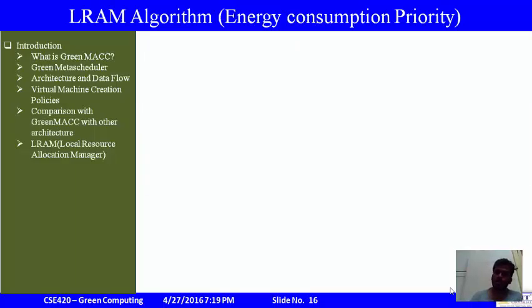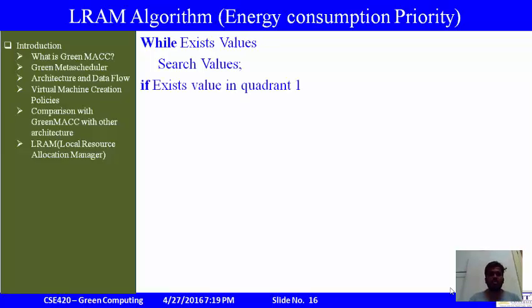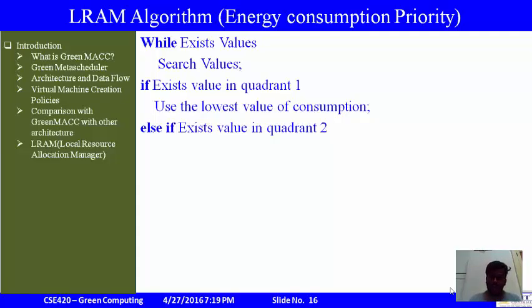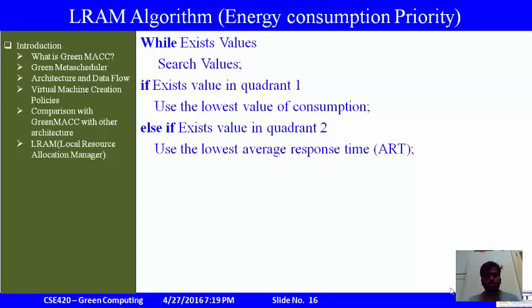To do this, we have designed an algorithm which states that first, while the values exist, we'll search for values. If the value exists in quadrant 1, use the lowest value of consumption as stated in the rules for the LRAM. Else, if the value exists in quadrant 2, use the lowest average response time ART value in accordance to the rules, of course.